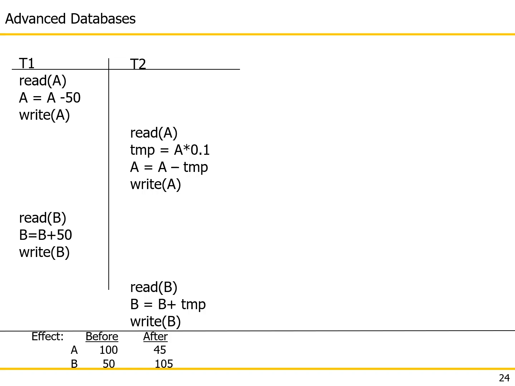It's going to be read A, do the computation, write A, read A in T1, do the computation, write A, read B in T1, add the 50, write B, read B in T2, add the 10%, and write B. So we can actually get a nice interleaving of T1 and T2. This is a serializable schedule because it's equivalent to the serial we presented already.